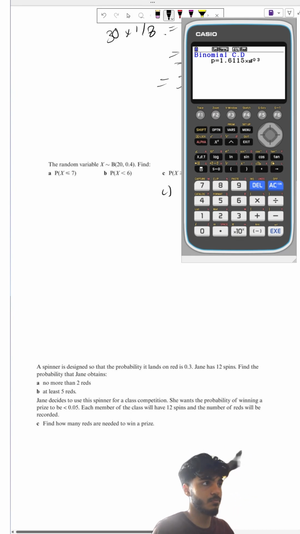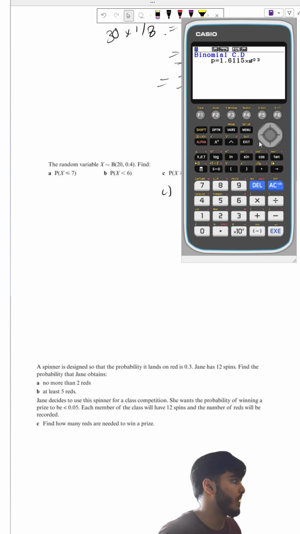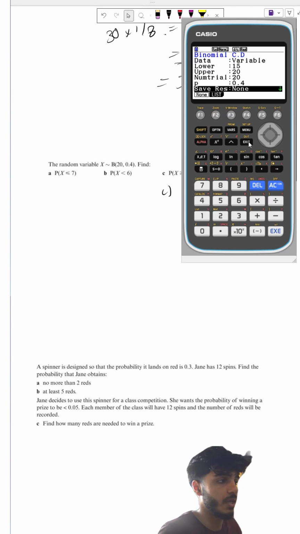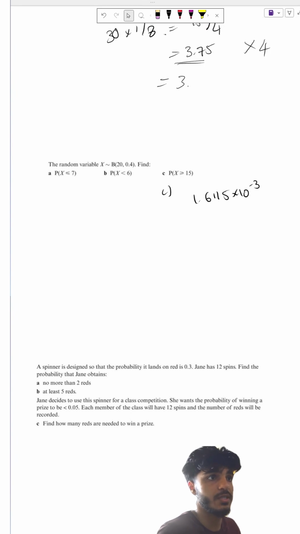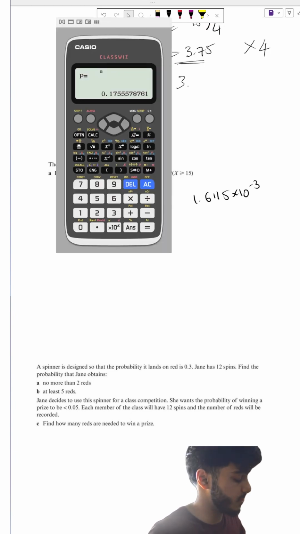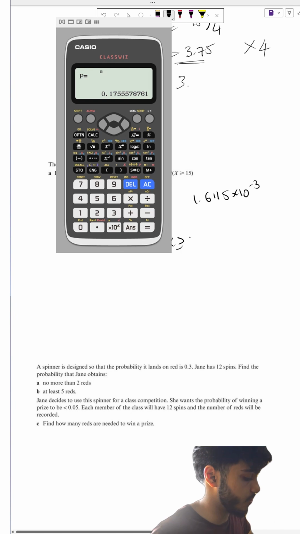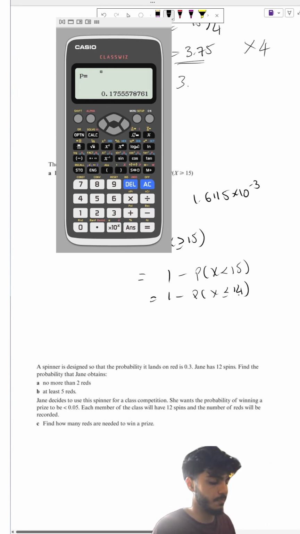That's it. Whereas if I'm using my other calculator, the 991, what I have to do instead is first convert this into a less than. This is the same thing as 1 minus the probability that X is less than 15, which is equal to the probability of X less than or equal to 14.